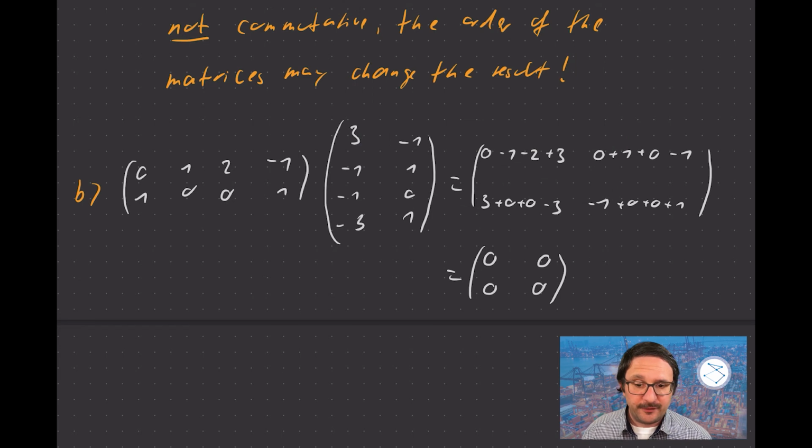So what can we learn from this example here? Well, the product of two non-zero matrices may very well be an all-zero matrix. And again, that's something that's not the case in real numbers. If you multiply two real numbers, but both are not 0, then the result will also not be 0. That's not the case for matrix multiplication.